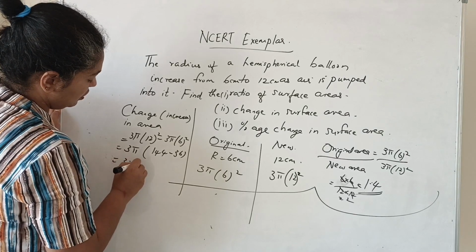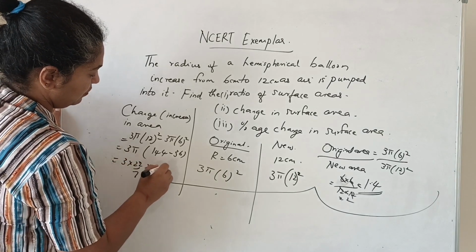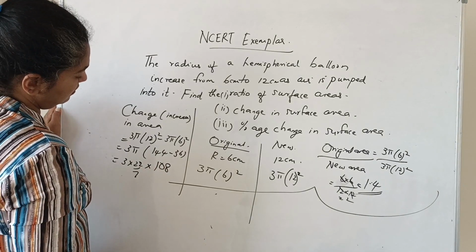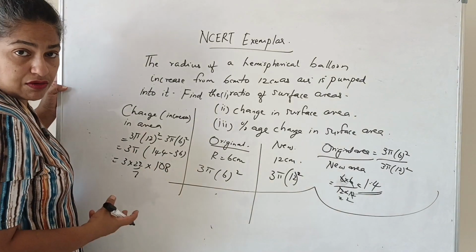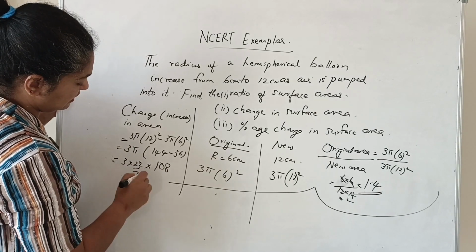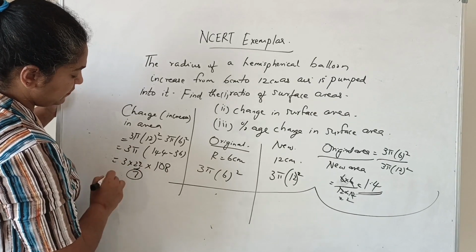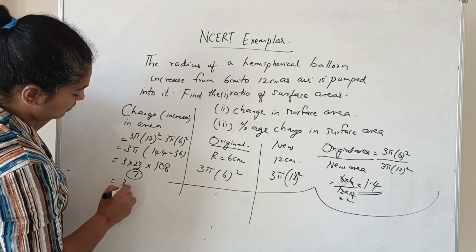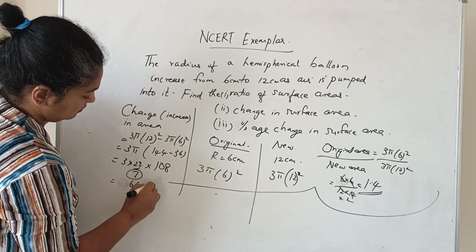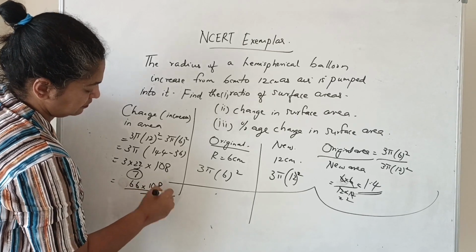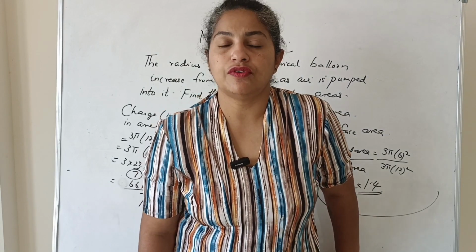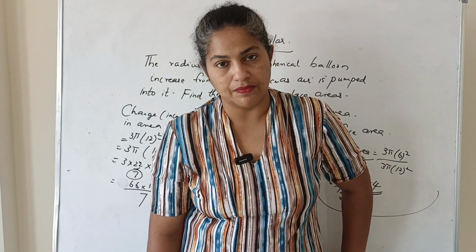So 3 into 22 by 7 into 108. Okay, now let us see whether this is divisible. You can see that it is not divisible by 7. So you will get 3 into, and you find the value in order to find the change in the surface area.